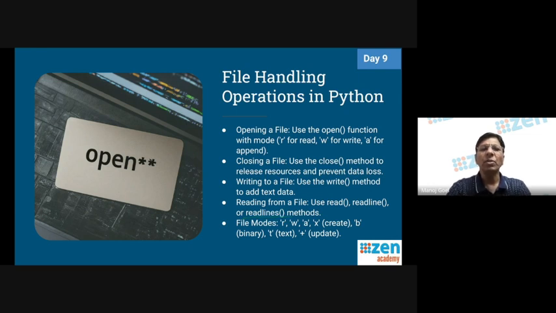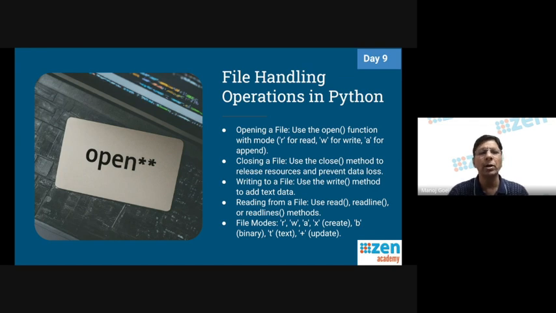File modes, we have R, W, A, and X. Okay, there is B. B is for binary. T is for text, and plus is for you want to update. Basically, you want to allow updates. So if you are opening a file in W plus mode, okay, W means you want to just write the new data to it.